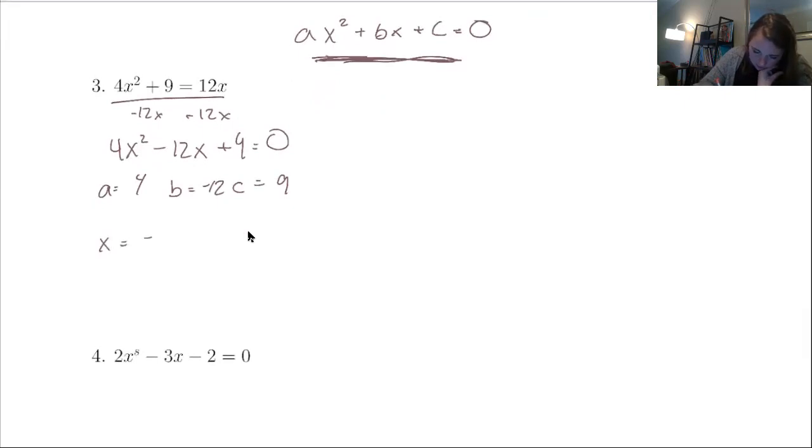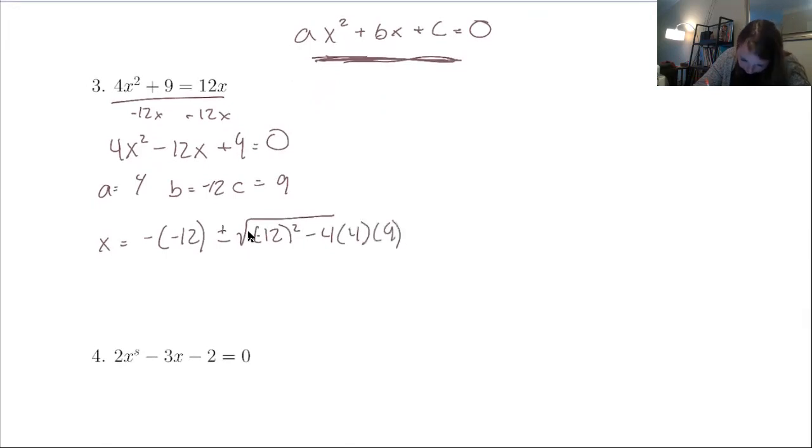So -12 plus or minus the square root of -12 squared minus 4 times 4 again times 9 all over 2 times 4. Okay, that was my quadratic. I feel like I messed one of these numbers up. That's a 2. Okie dokie.